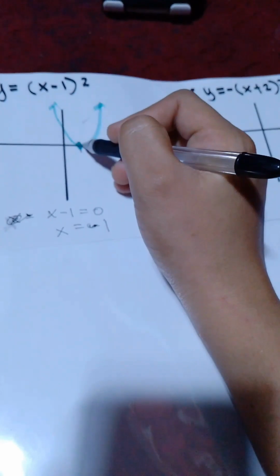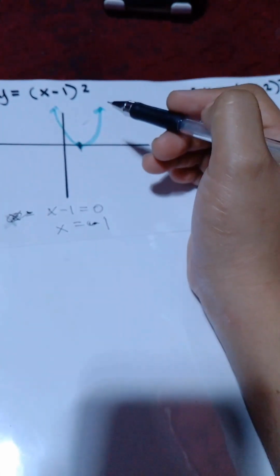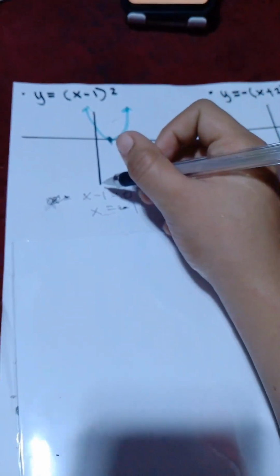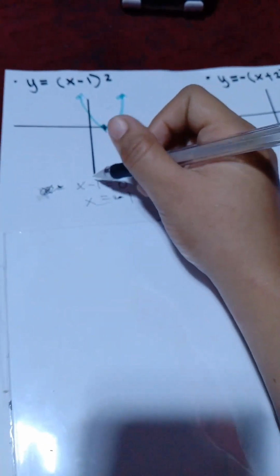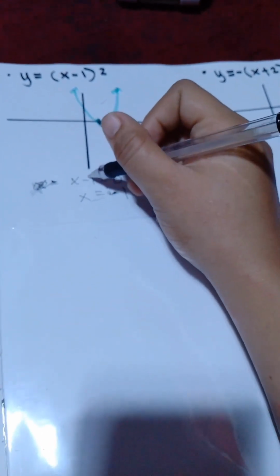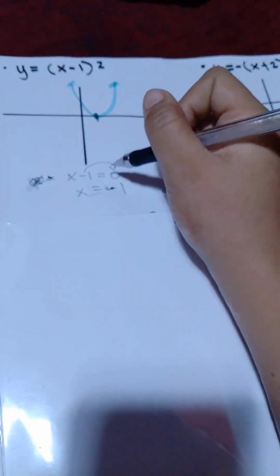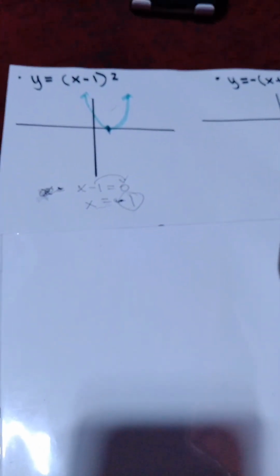So x is equal to positive 2. You can also just transpose it and change negative to positive. The answer is like that.